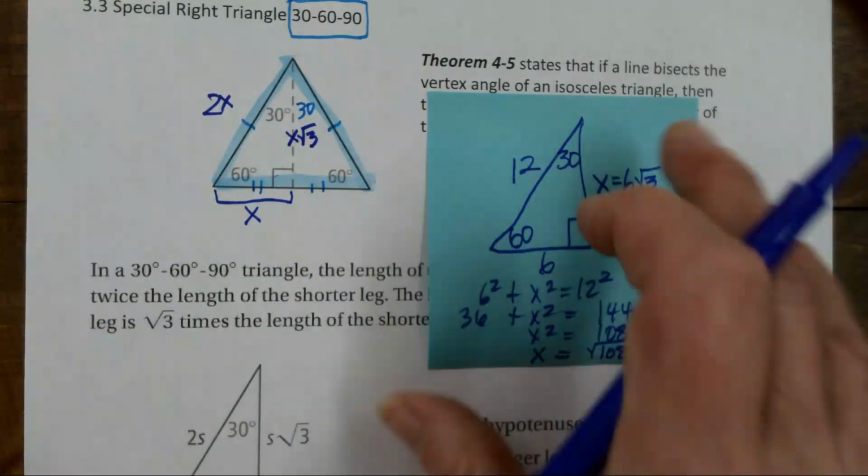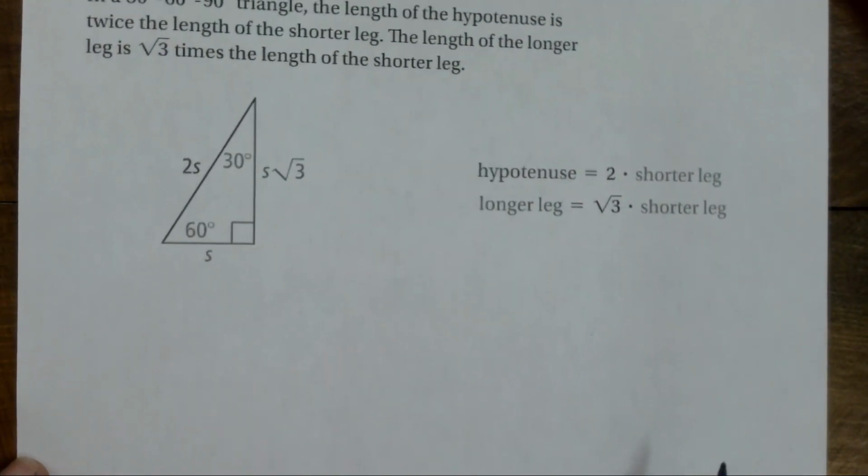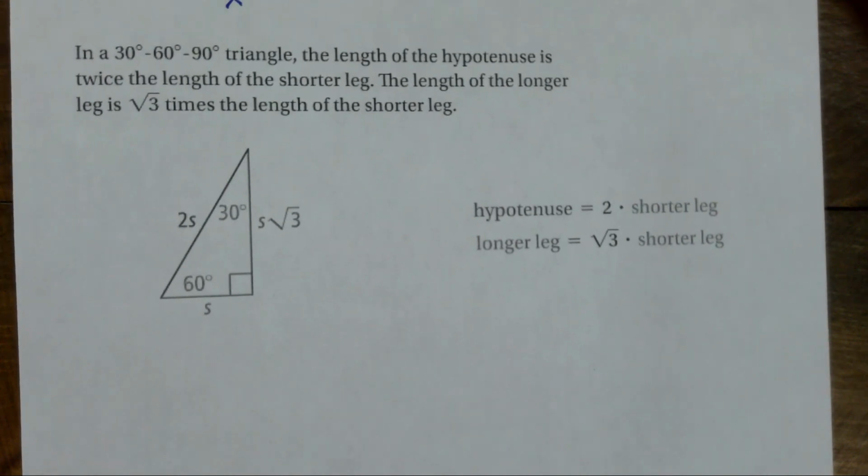And in fact, if you look down here, they show it one more time with S being the side. So in a 30-60-90 triangle, the length of the hypotenuse is twice the length of the shorter leg, and the length of the longer leg is square root of 3 times the length of the shorter leg.